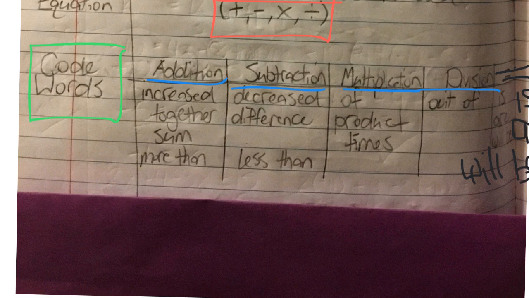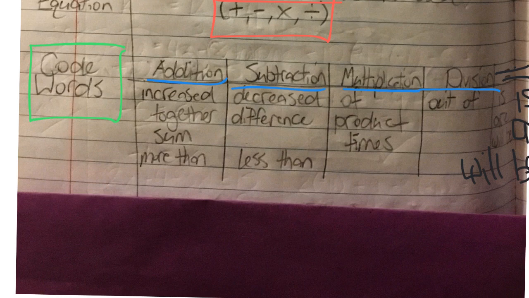So, for instance, our example, it says a photography studio charges a sitting fee, which means the first time you go there, you're charged $50, and then you have to pay $10 per photo ordered. Write an equation to represent the number of photos ordered, which will be P, if the total cost was $180.